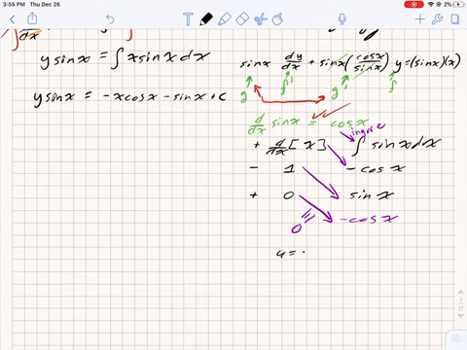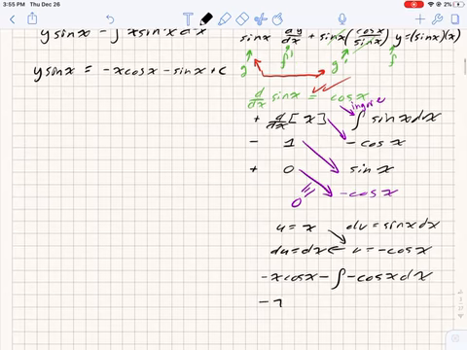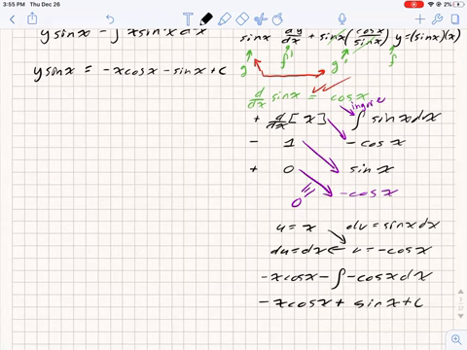To QC check this, we could just let u equal x, dv equal sine x dx, du is equal to dx, and v is equal to negative cosine x. We cross these things together, get negative x cosine x minus the integral of negative cosine x dx, and we're left with negative x cosine x plus sine x plus c.